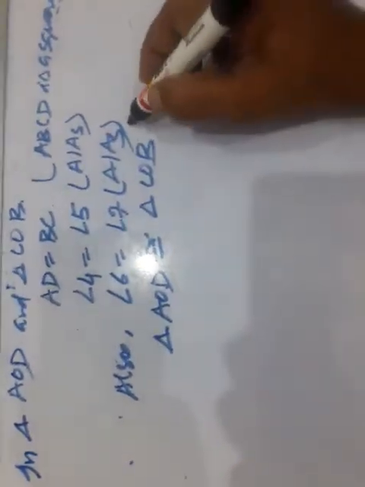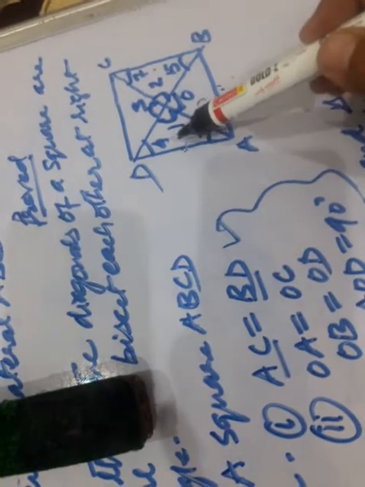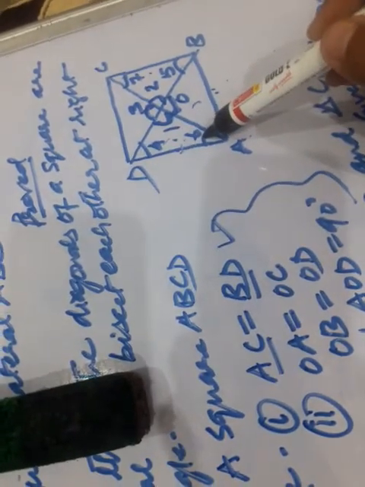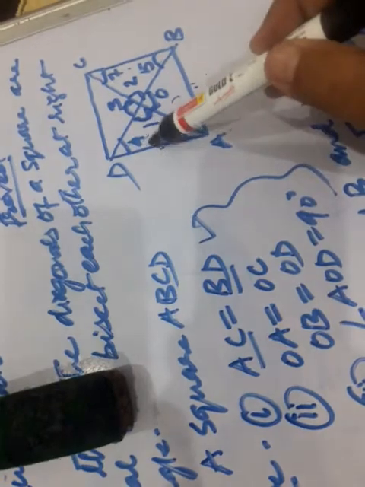Now, children, let us see by which rule. This side we have shown, AD equal to BC. This is ASA. What angles have we taken? Angle 4, side AD and angle 6, means ASA, by ASA rule.